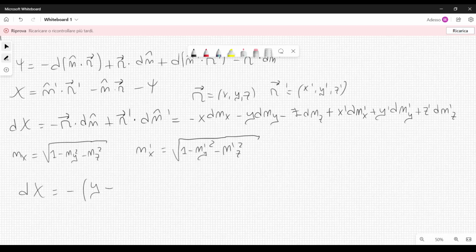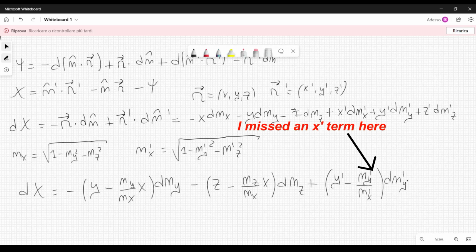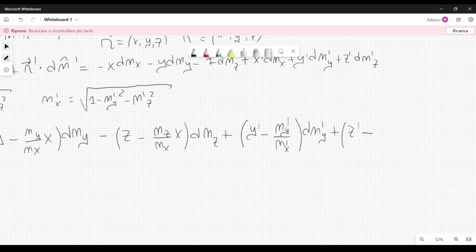minus (y minus ny over nx times x) dny minus (z minus nz over nx times x) dnz plus (y prime minus ny prime over nx prime times x prime) dn prime y plus (z prime minus nz prime over nx prime times x prime) dn prime z.